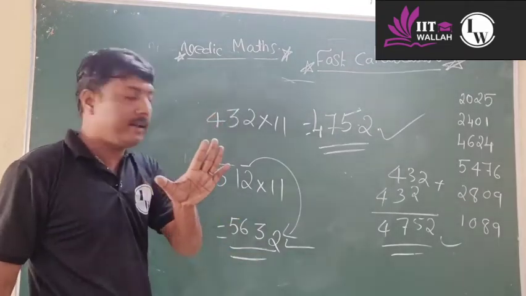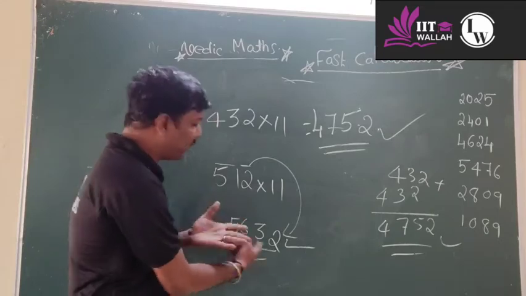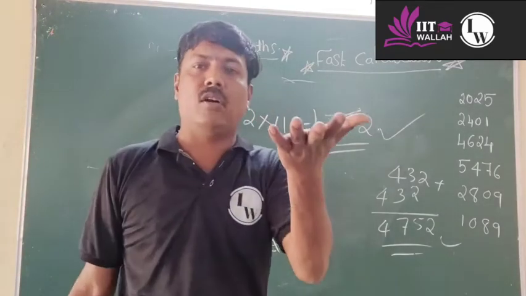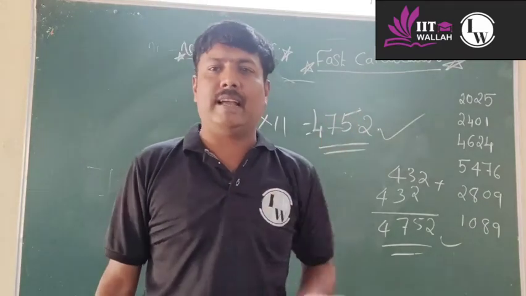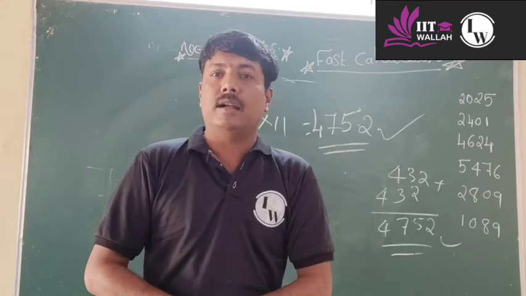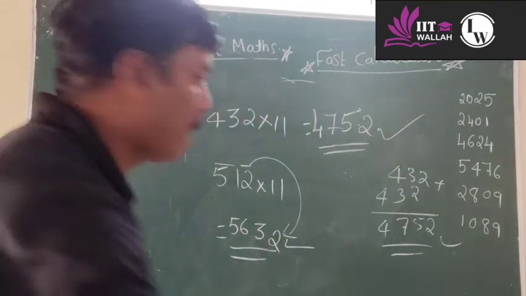Then 5 remaining. 5 will be added to 51, so 51 plus 5, 56. Very easy. By looking at it mentally, you can solve that in 1 or 2 seconds. Maximum 2-3 seconds you may be taking. Understood? Clearly? Good. Very good.